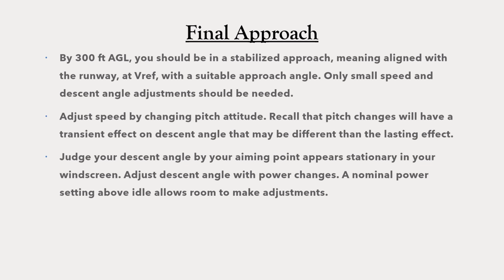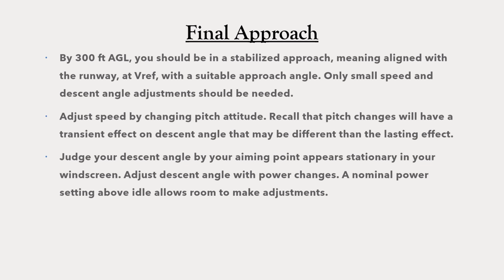You'll judge your descent angle by looking at something called an aiming point, a point on the runway that you're descending towards. If you're on the right path, then your aiming point will appear stationary in the windscreen. You adjust the descent angle with power changes.